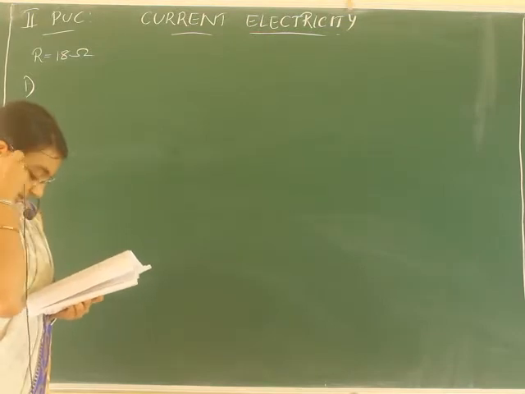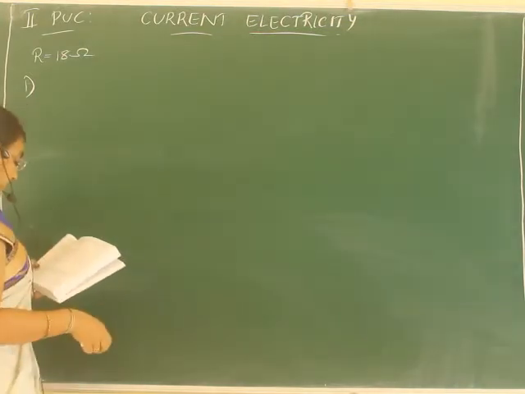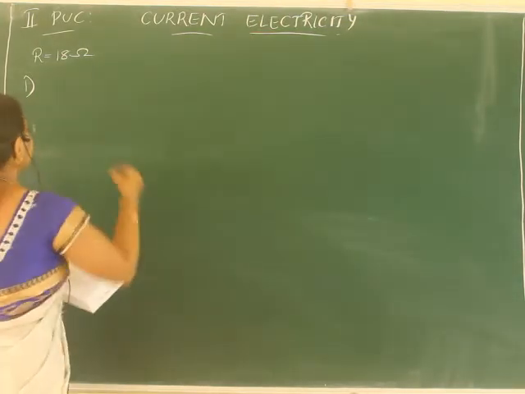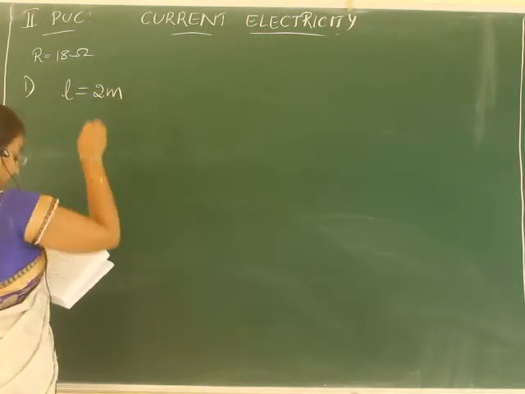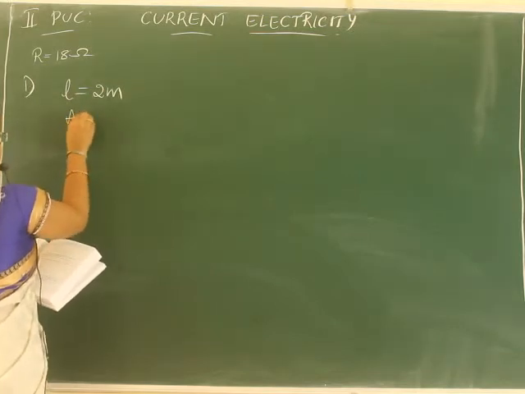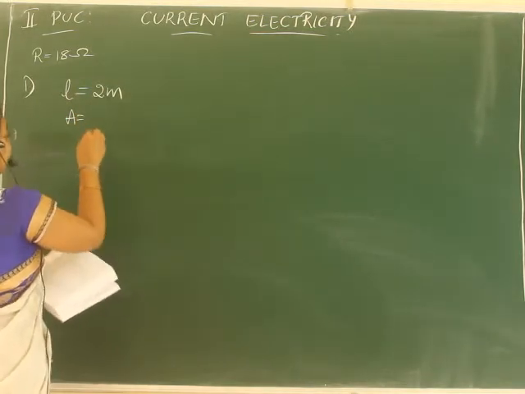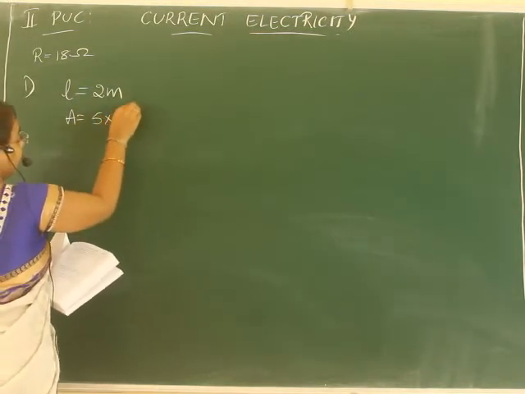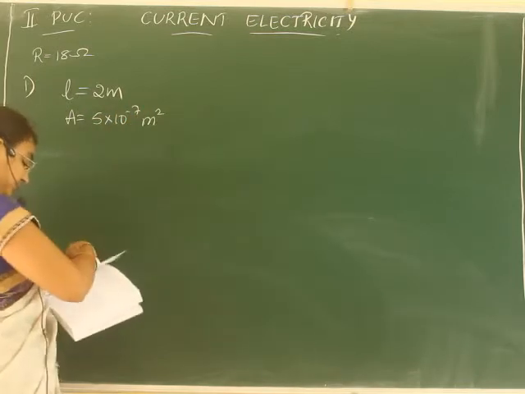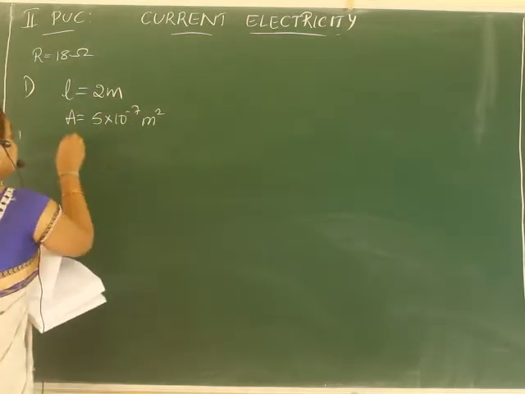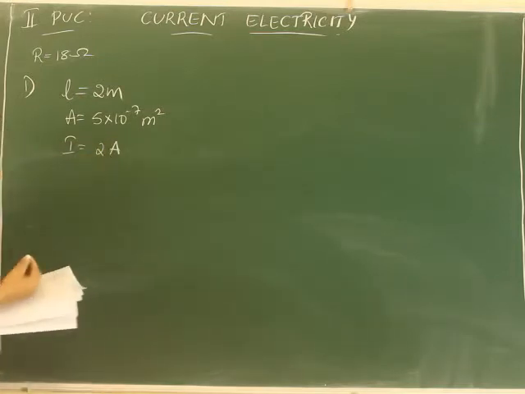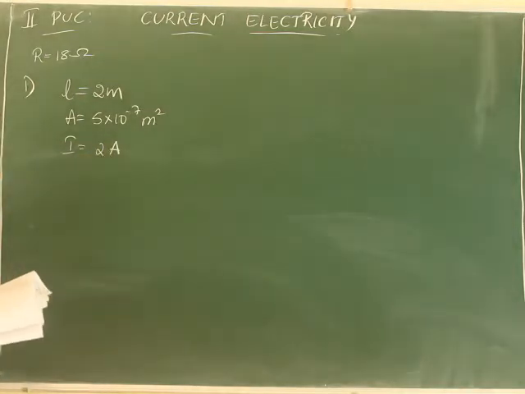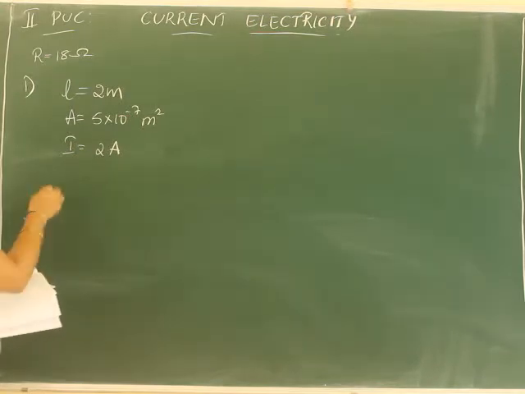Okay. See here, a uniform cross section. What is the length? Let us write the length. 2 meter. Area of cross section 5 into 10 to the power minus 7 meter square. Carries the current I is equal to 2 ampere. Assuming that there are number of electrons it is given, correct?